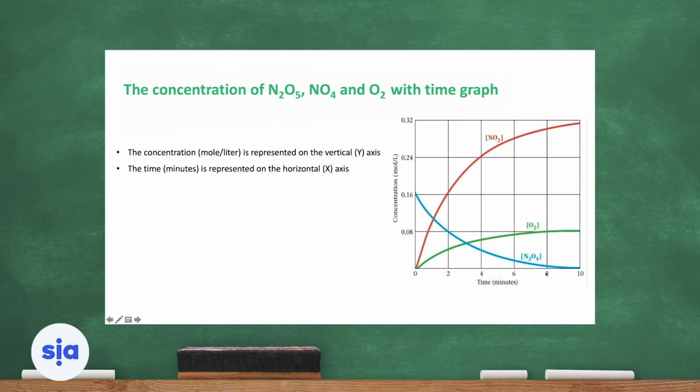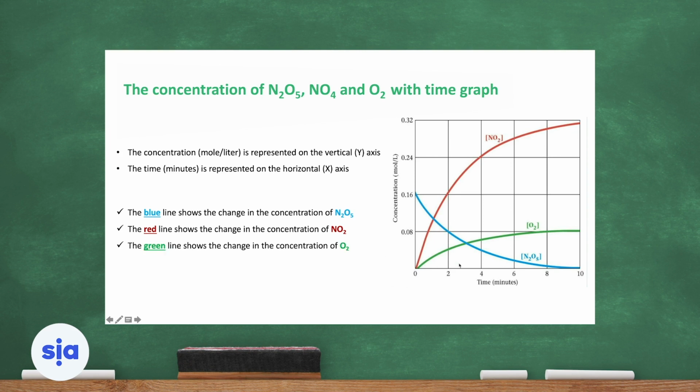The blue line is showing the concentration of the nitrogen pentoxide, and the red line is showing the concentration of the nitrogen dioxide. The green line is showing the concentration of the oxygen.